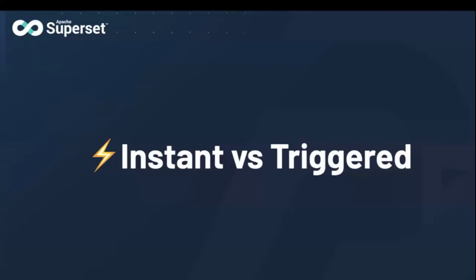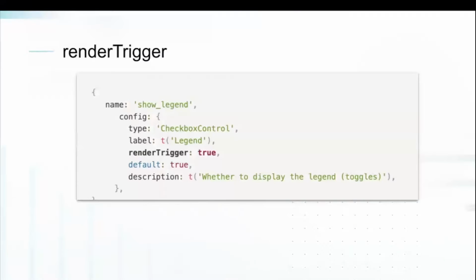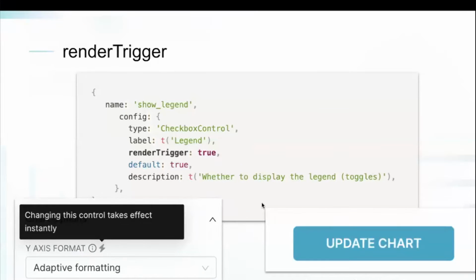Like if it doesn't need to affect the underlying query, you can set it to just redraw things immediately, or you can have it so that when you change the value, you'd have to click this update chart button at the bottom of the control panel. And that will actually send a query to the back end and get revised data and then redraw the chart.